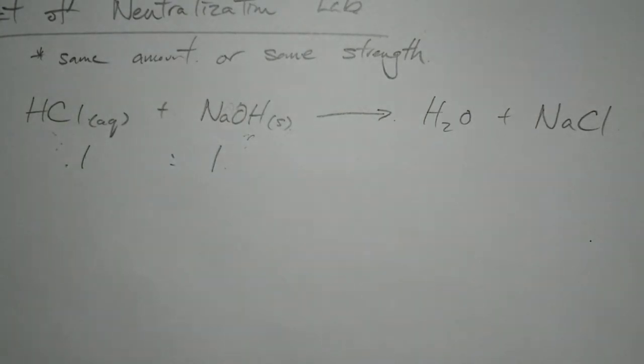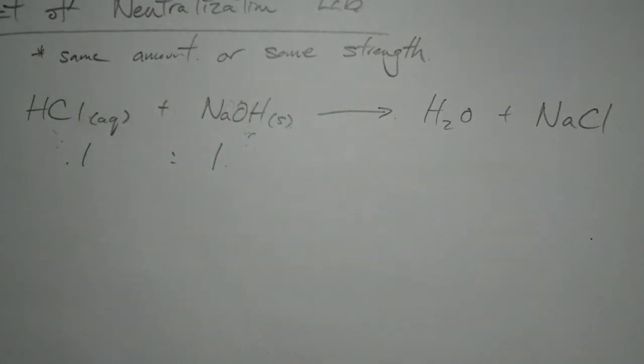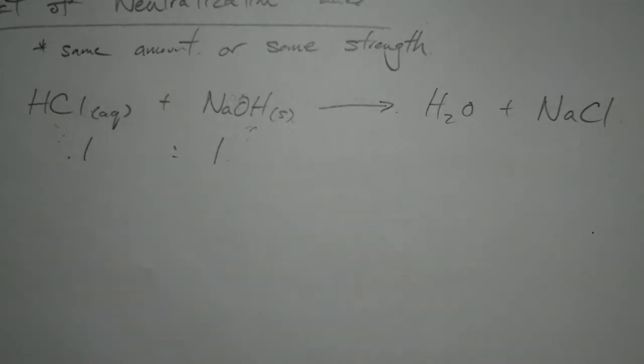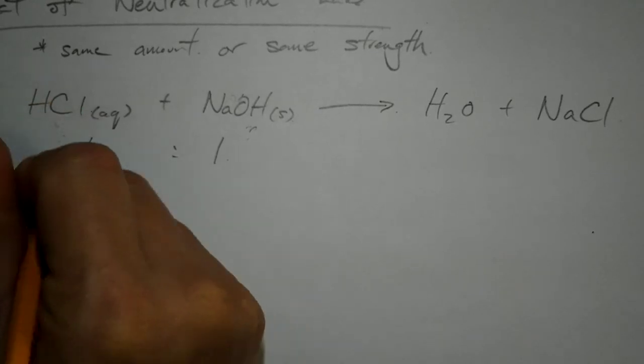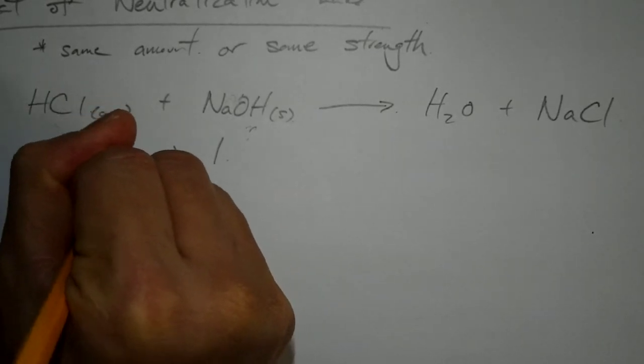Now, the acid that we have on the back is 1 molar HCl. What is 1 molar HCl? What's another way to show it? 1 big M is the same thing, that was on your test.